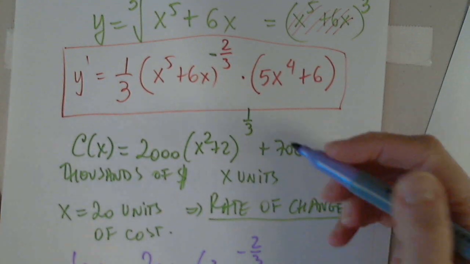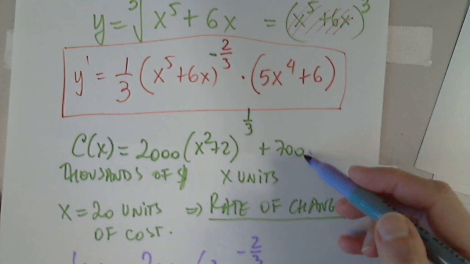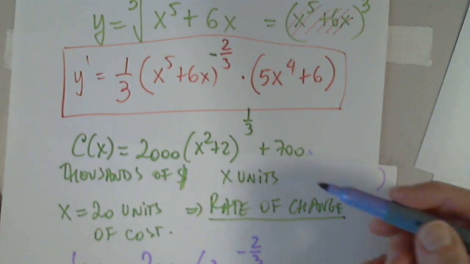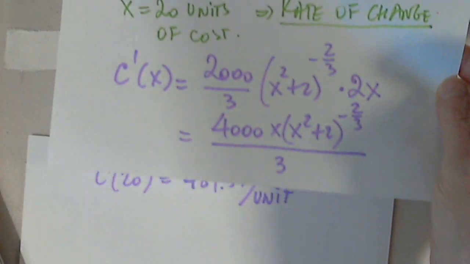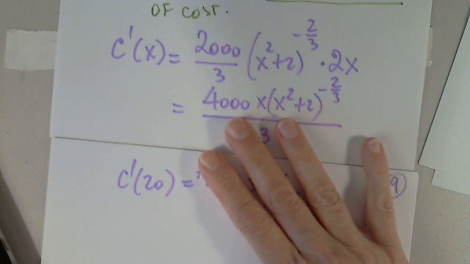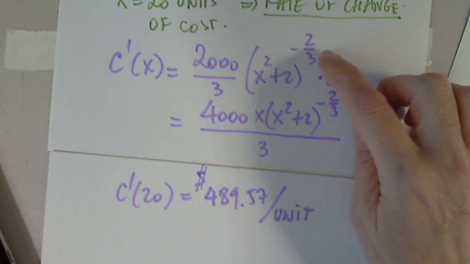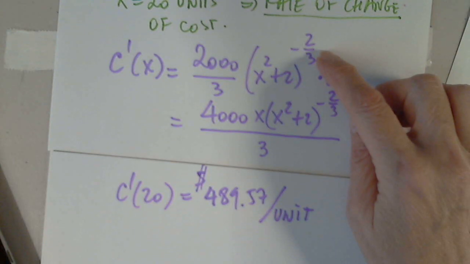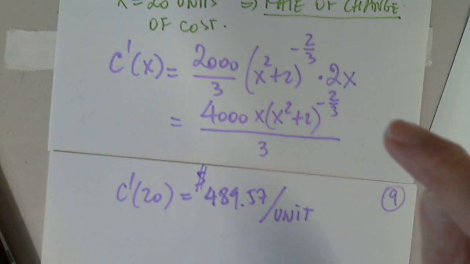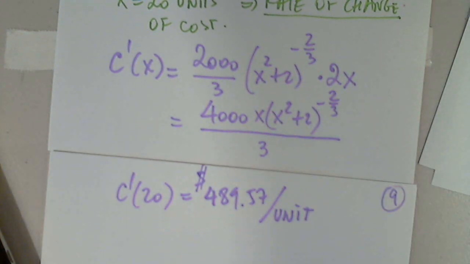If it had x in it, it would have been different, but it doesn't, and the rate of change of 700 is 0. And then, where did you get the 2x from? Was it from the x squared? Yes. So I brought down 1/3, I subtracted 1 from 1/3, and then I had to differentiate the inner function, and I got 2x.